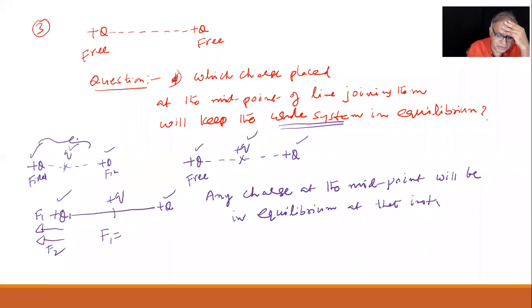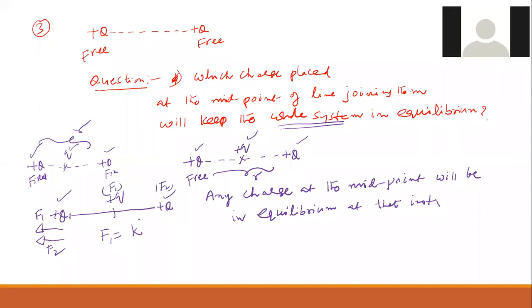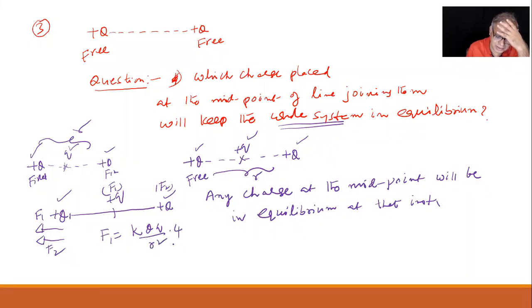If the total distance was r here, F1 equals k into q into q by r by 2 whole square, F1 is by this, for example. F2 is by this, F2 equals k q into q square by r square. Is it okay, children? This is r by 2.